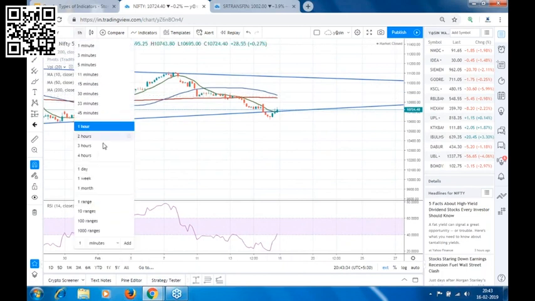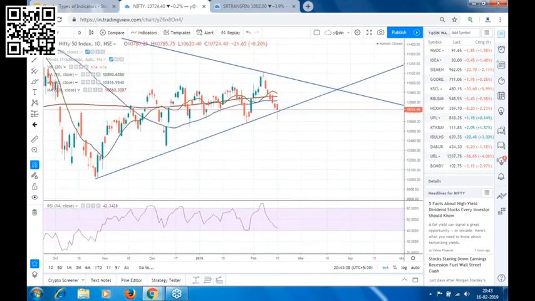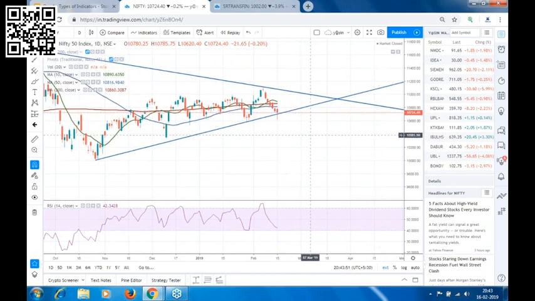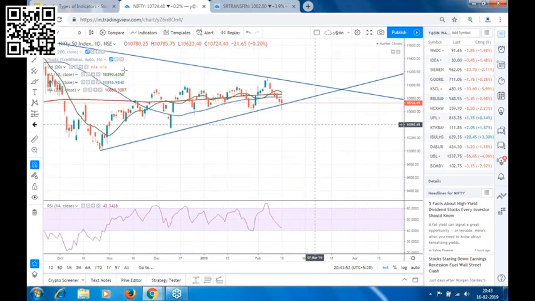So if you see, there are multiple resistances in Nifty at the top at the moment. 10,780, then 10,820, then around 10,850, then 10,875. These are all resistance levels for Nifty.